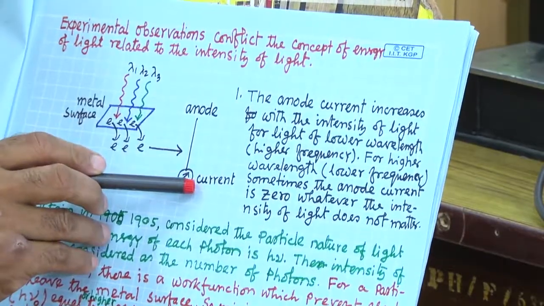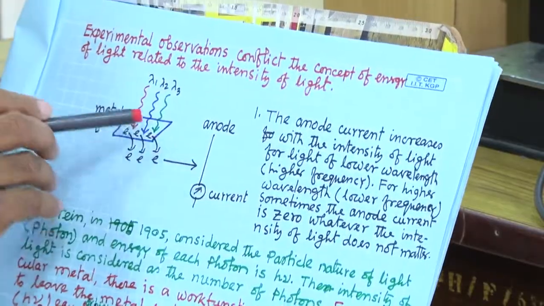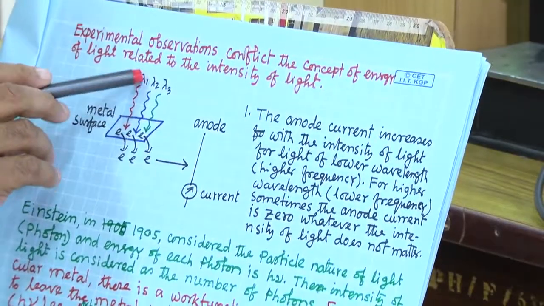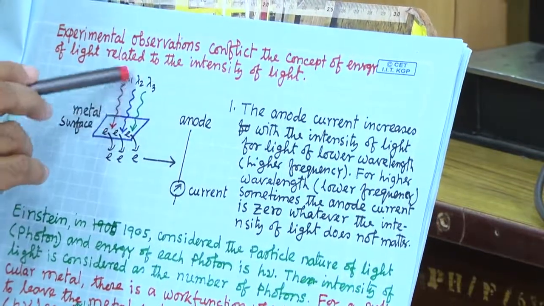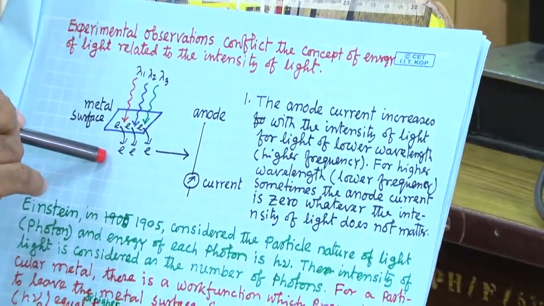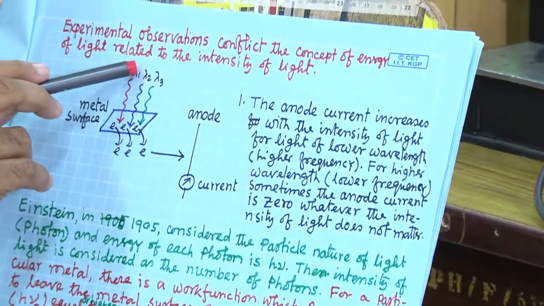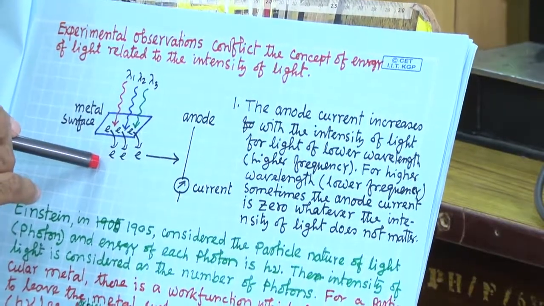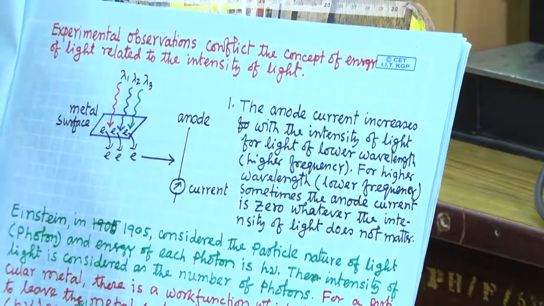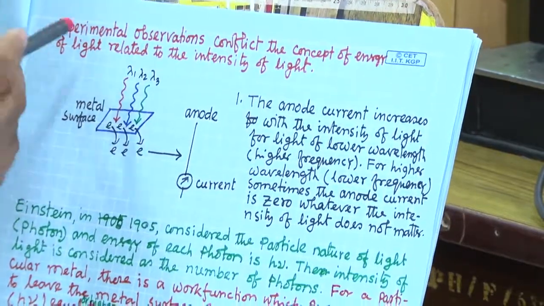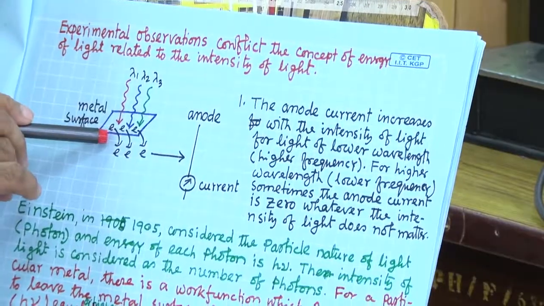That current should depend on the intensity of light. So, if I take red light and increase the intensity of light, then what will happen?